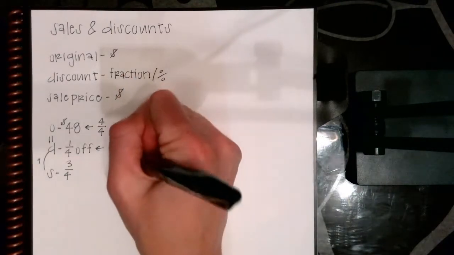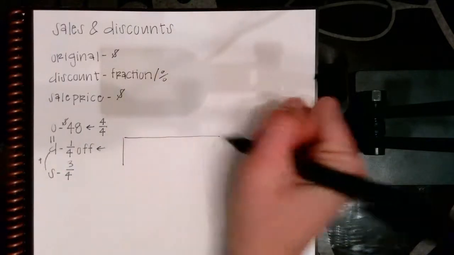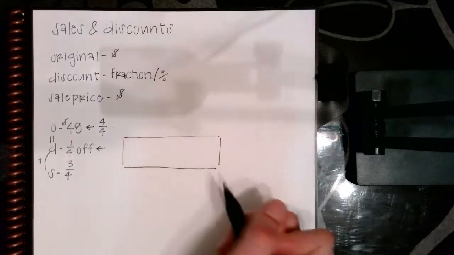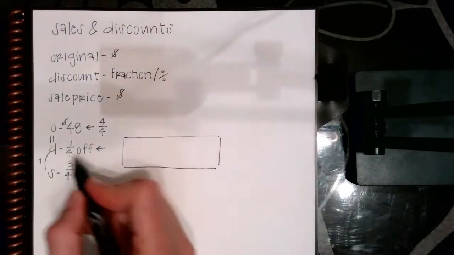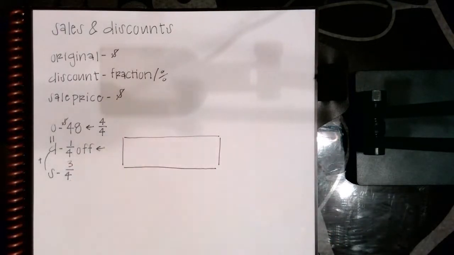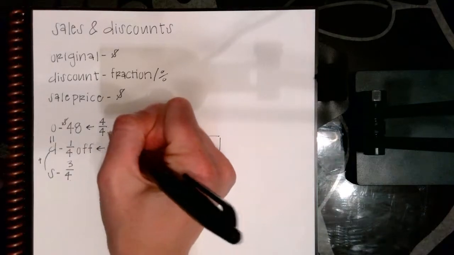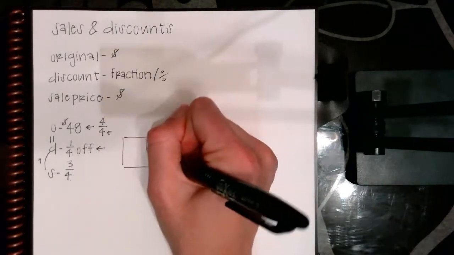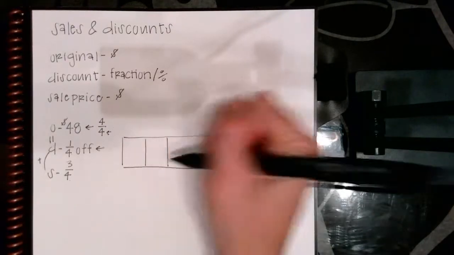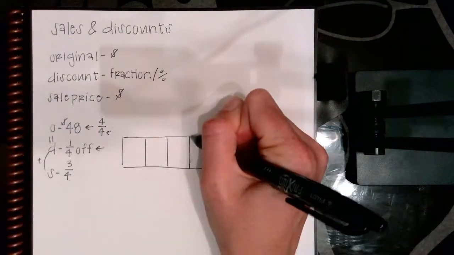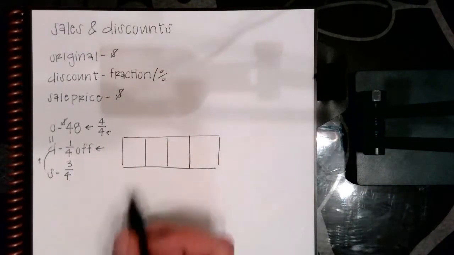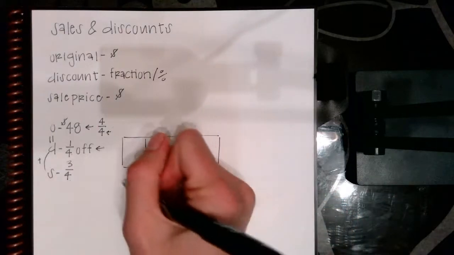So I'm going to go ahead and draw my rectangle. And I'm going to split it into fourths, because that is how many pieces make up the whole, or the original price. I try and do it as evenly as possible, but I am human, not using a ruler, so do the best that you can.